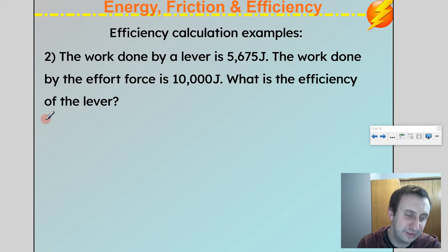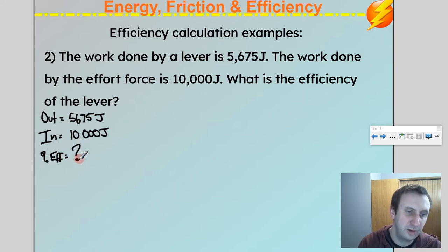Remember that output is always smaller than input. So I have an output energy equal to 5,675 joules. My input energy is 10,000 joules. And I want to know the efficiency, percent EFF, is my question mark.